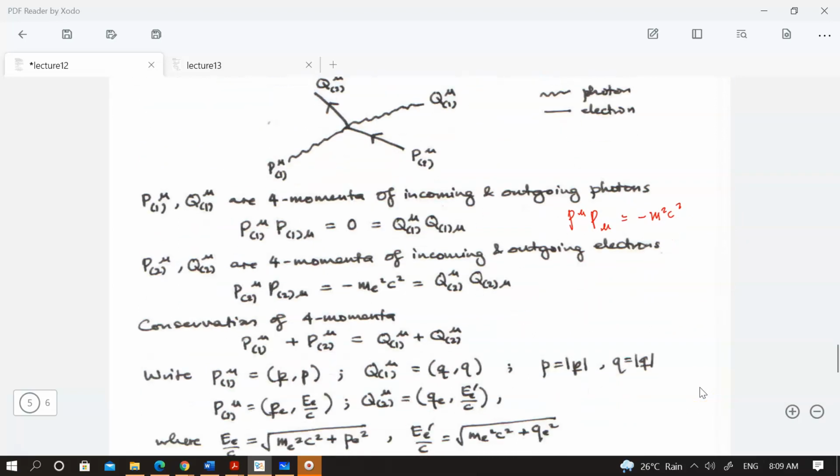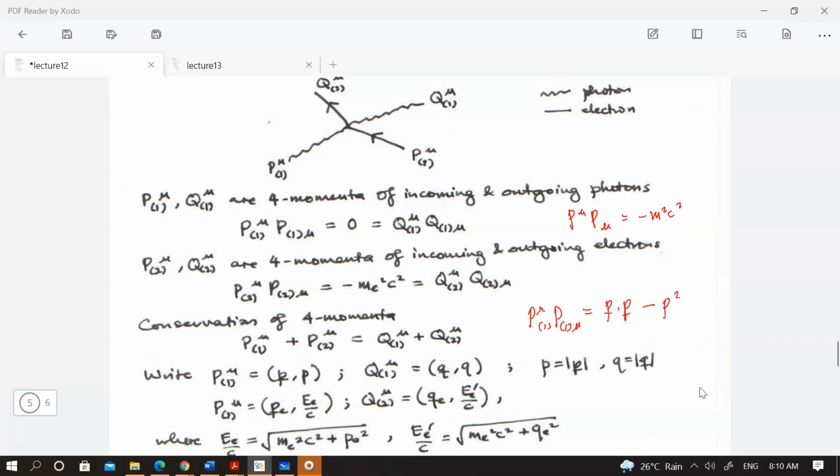One of the things we have also mentioned is that for photons, we can always write the four-momentum in this simplified manner, where you have the three-momentum of the photon and the fourth component, which is given by the magnitude of this momentum. So when you do P mu 1, P mu, you get P dot P minus P squared.